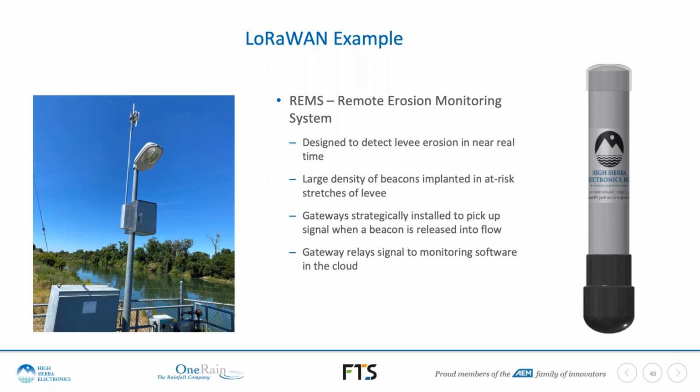erosion. Erosion occurs, the beacon starts floating and transmitting every 10 seconds an ID signal that goes through the network, gets to Contrail, and we know exactly where that beacon was buried, the GPS location and depth, so that information is immediately sent out to key personnel. Strategically, based on path availability, we would be placing gateways in proximity to these erosion sites so that we're ensured that we're going to pick up the signals.